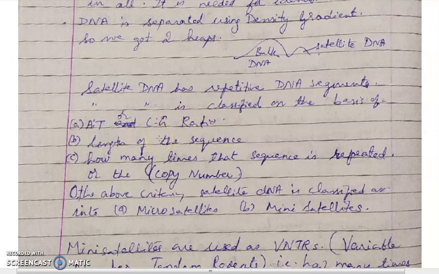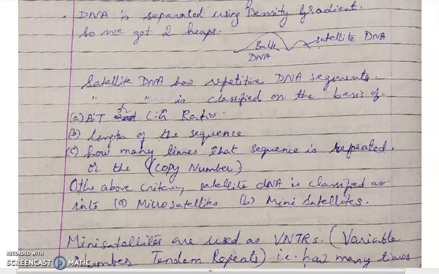That means the number of AT and CG, what is the ratio of AT and CG found in that repetitive DNA segment. Then how long those repetitive segments are, and how many repetitions there are. That means the copy number, how many times that same segment is repeated in that genome. On the above criteria, it is divided as micro and minisatellites.